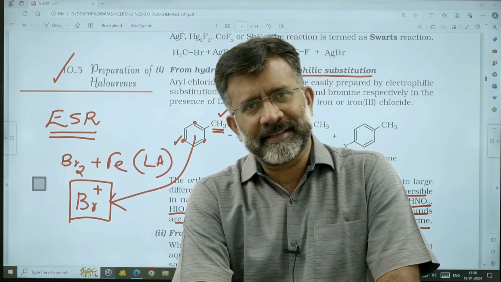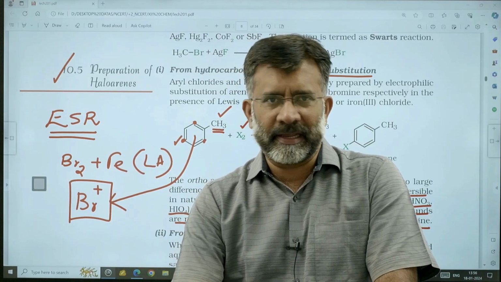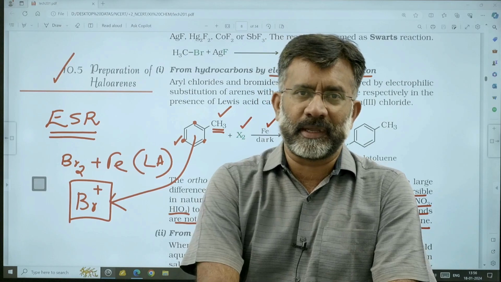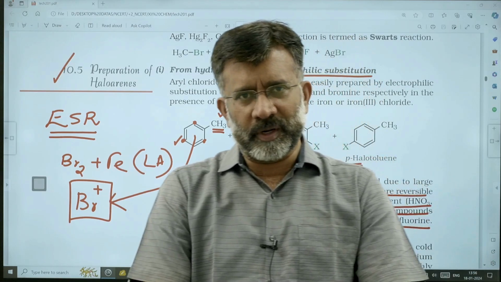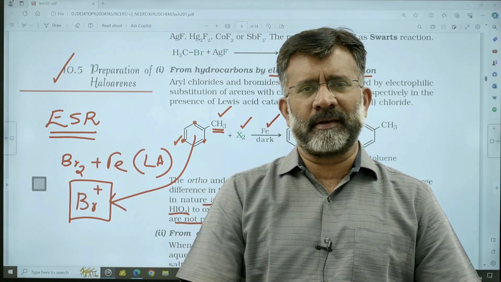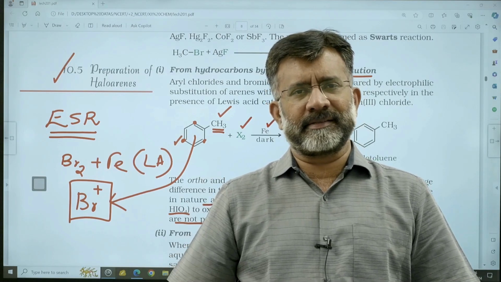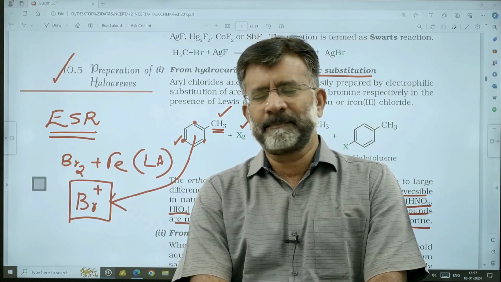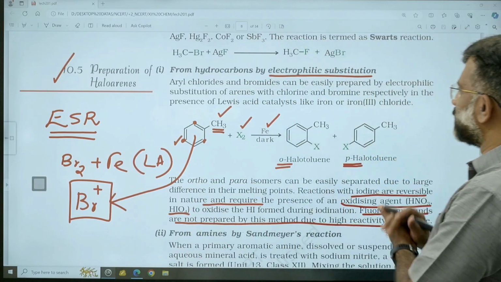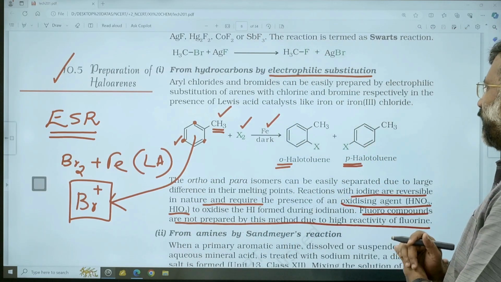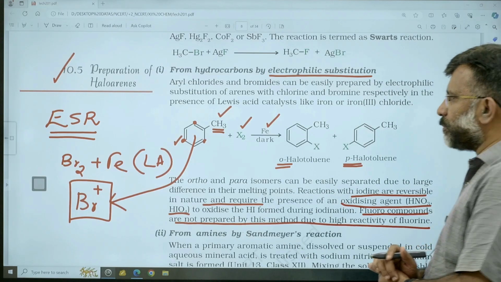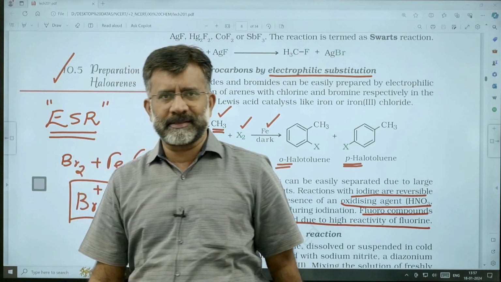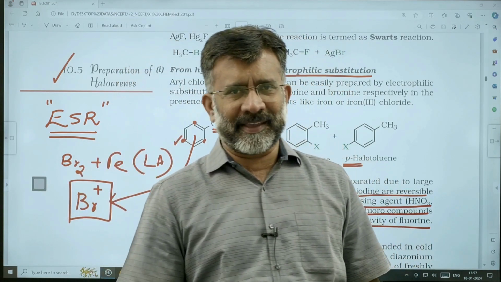If it is given in the presence of light, under homolytic conditions, definitely you can think about free radical substitution. So that's the first method of preparation of haloarenes, the very popular electrophilic aromatic substitution reactions.